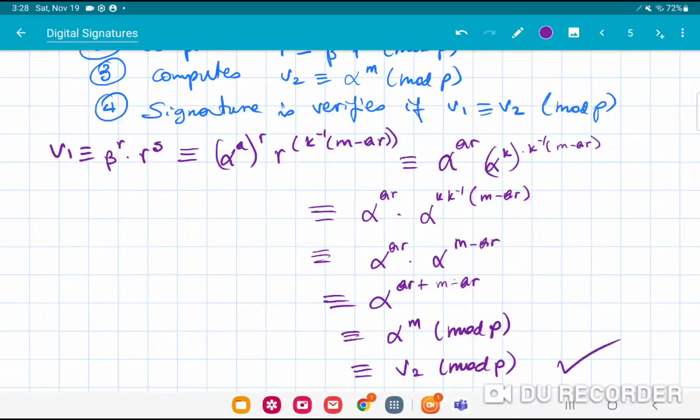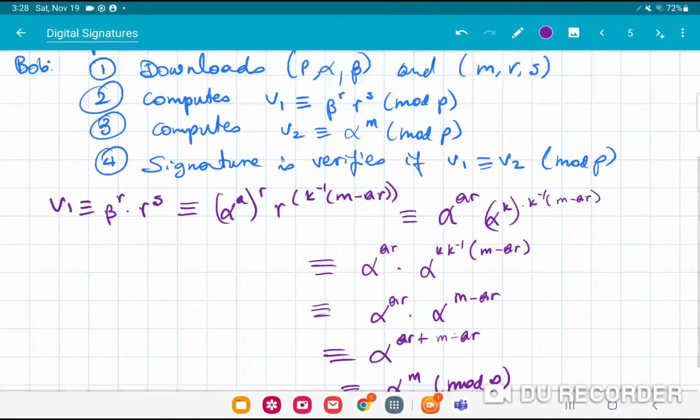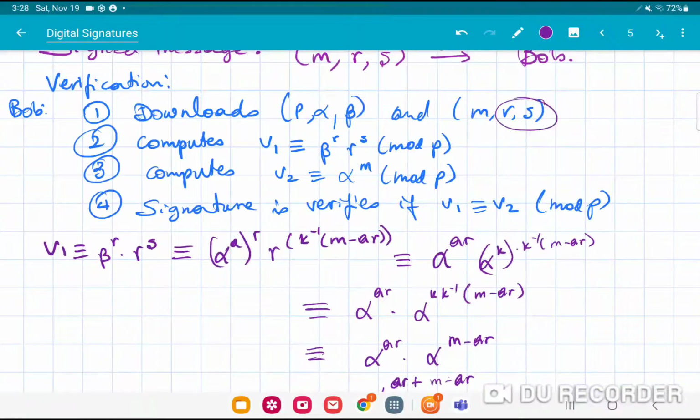If Eve wants to forge and sends her message along with this pair of signatures, none of these calculations would work. Her new message, alpha to the power of the new message, will be a different V value. It's not going to match V1, if she sends a new message with the same R and S.